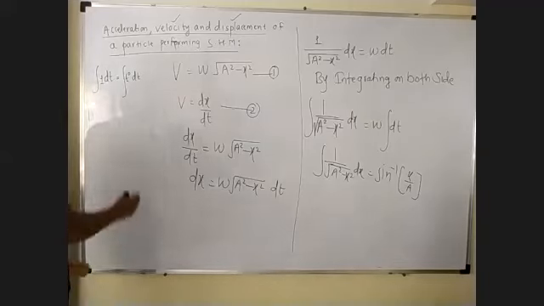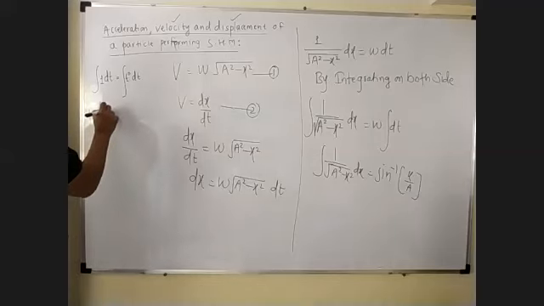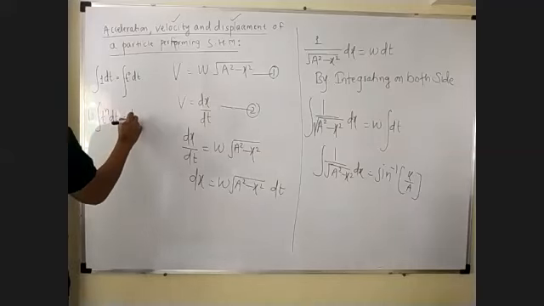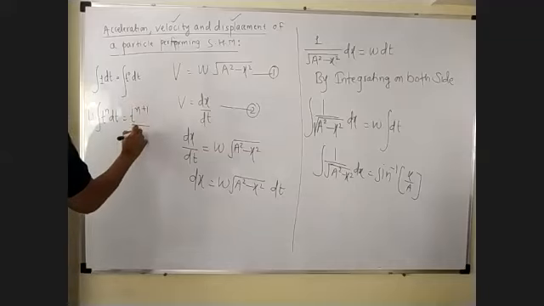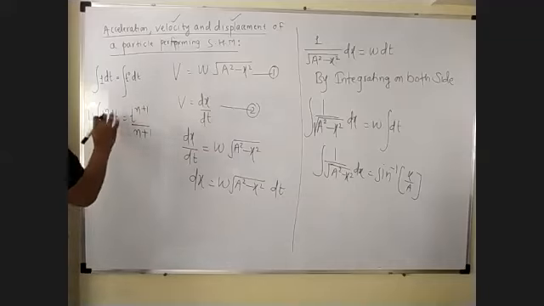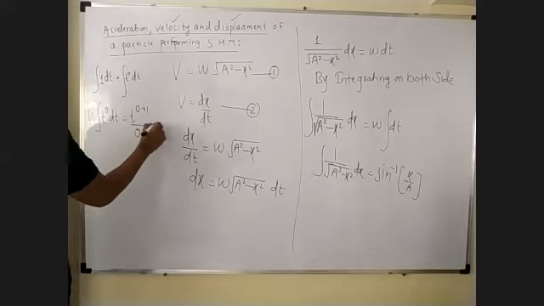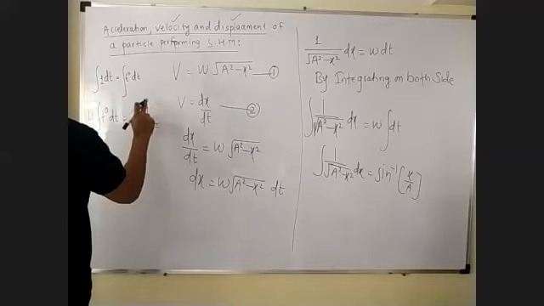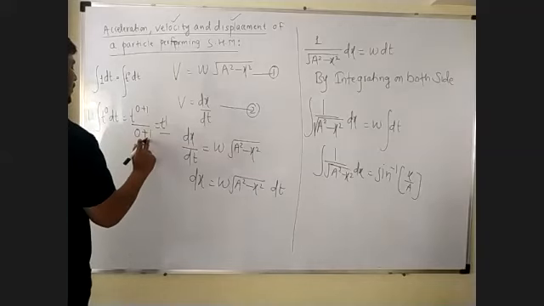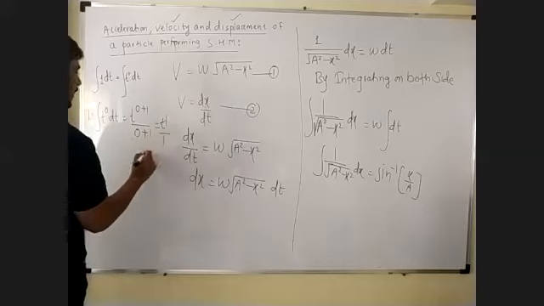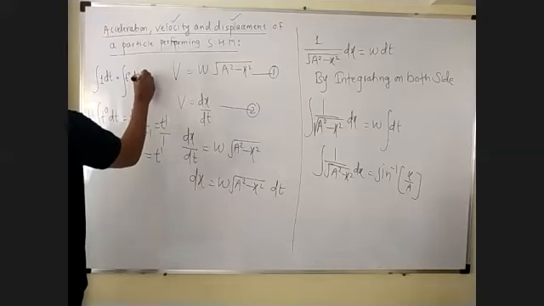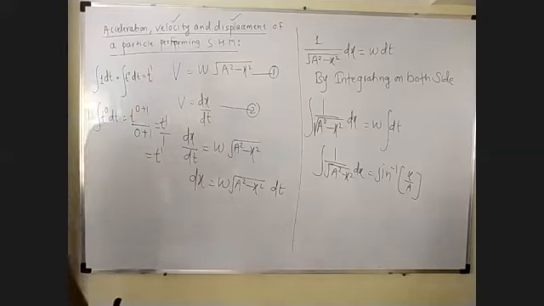We have the formula: integration of t raised to n with respect to t is equal to t raised to n plus 1 upon n plus 1. Place 0 in place of n. What will we get? t raised to 0 plus 1, that is 1, upon 0 plus 1, which is 1, and anything divided by 1 is the same factor, so t raised to 1 will be there.